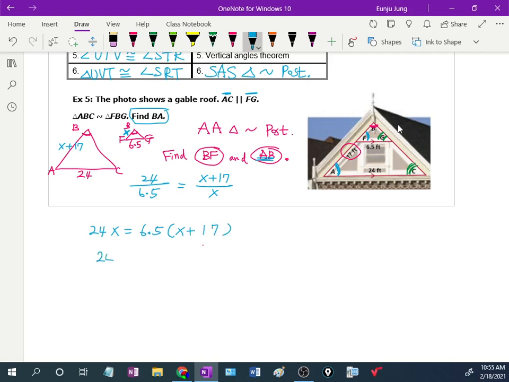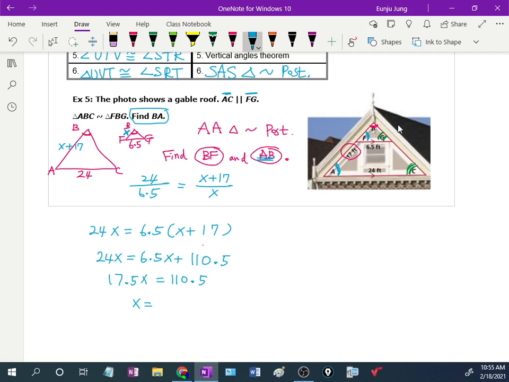So let's expand. 17 times 6.5, what do we get? 110.5. Okay, now let's move the term. So 24 subtract 6.5, so that is 17.5x, which will be 110.5. Last step, let's divide.